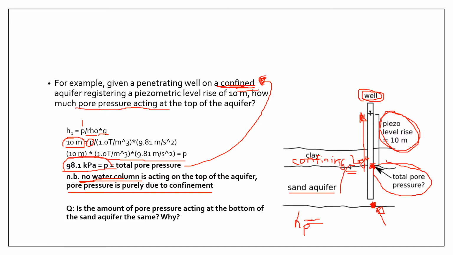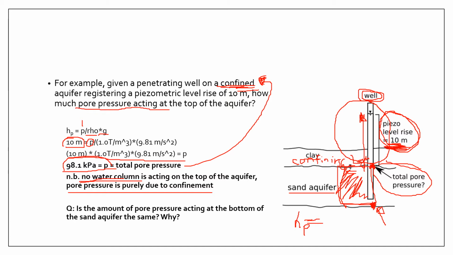First is the water column acting above this point. You have a water column acting above this point, and you also have pressure due to confinement, which is measured by the piezo level as 10 meters.